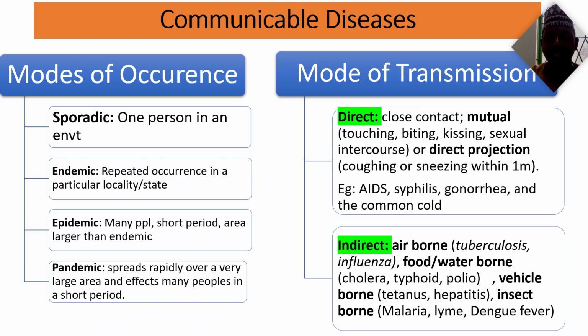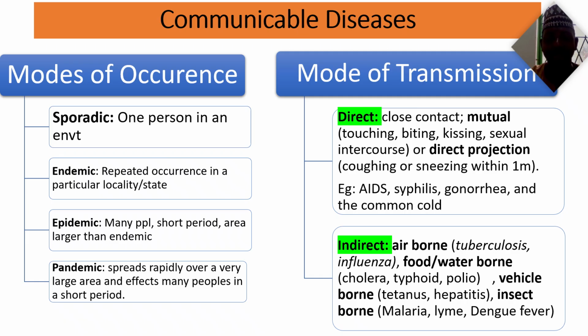That means a certain element in the environment helps to transmit the disease from the infected person to the uninfected person.